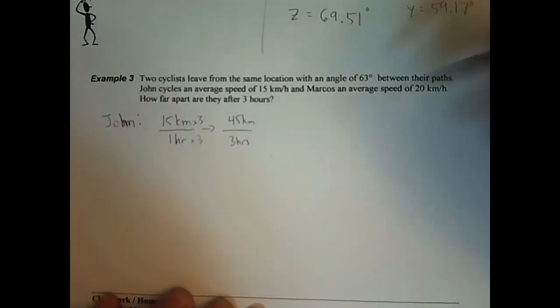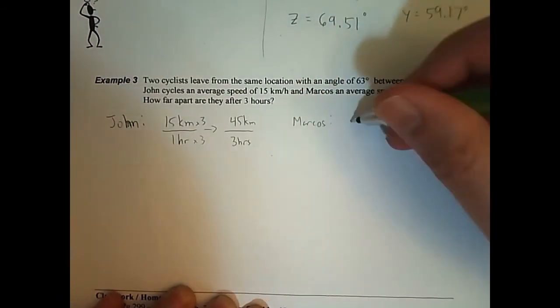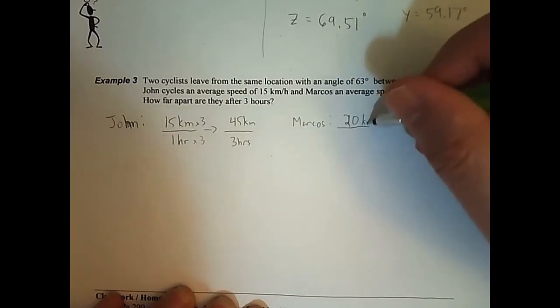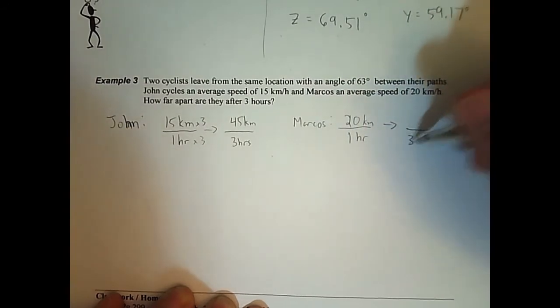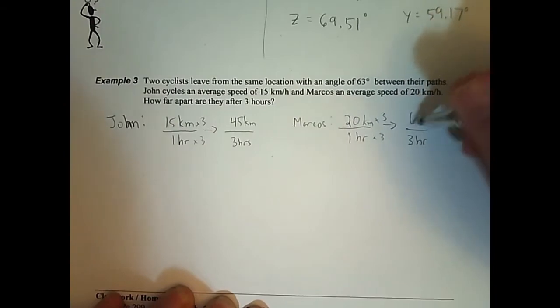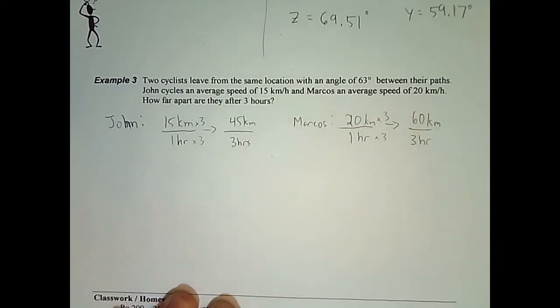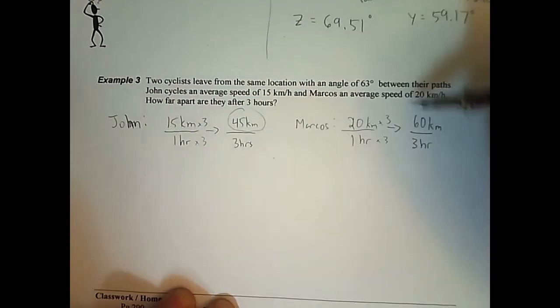And then I could do the same thing for Marcos. He is traveling 20 kilometers per 1 hour. And after 3 hours, we times the bottom by 3, times the top by 3, we get 60 kilometers. Some of you might have figured this out without showing this work. That's fine too. But I just wanted to get the distance after 3 hours.